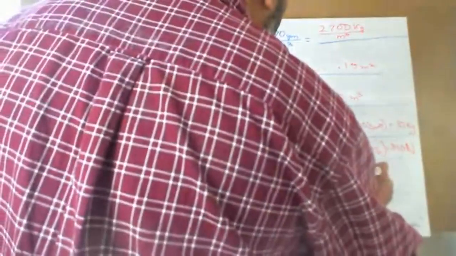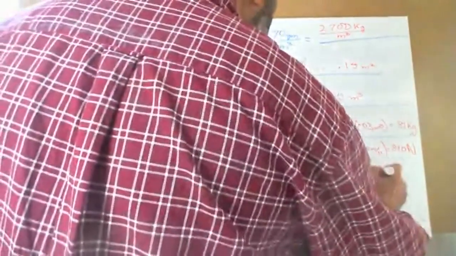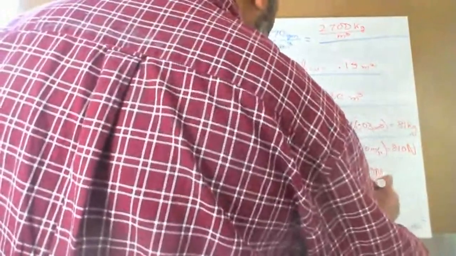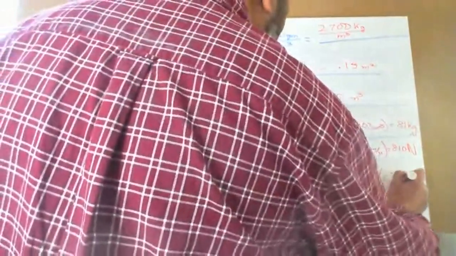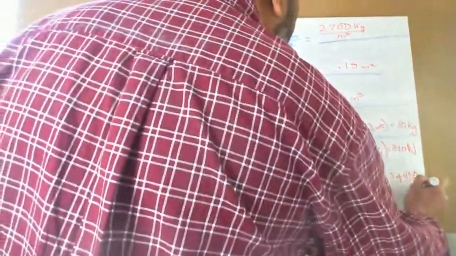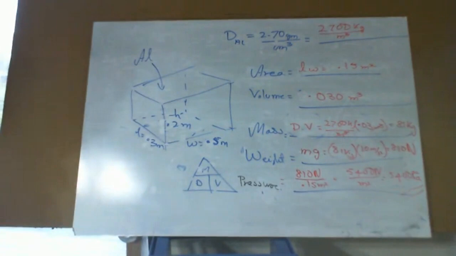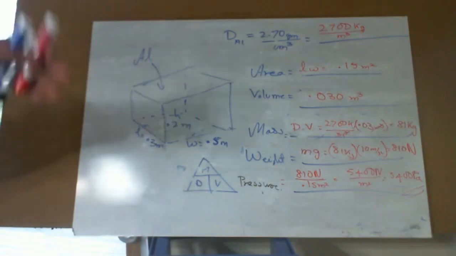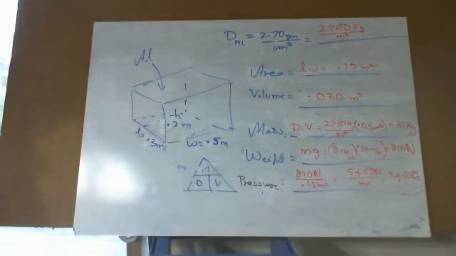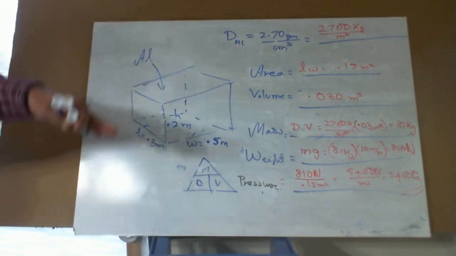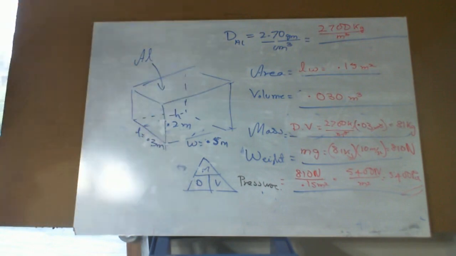So this is 5400 newtons per square meter, which of course is 5400 pascals, and that would be the final answer. Okay, 5400 pascals. So you may get one of the problems based on this, all right? You would have to know how to do it because it incorporates density and pressure.